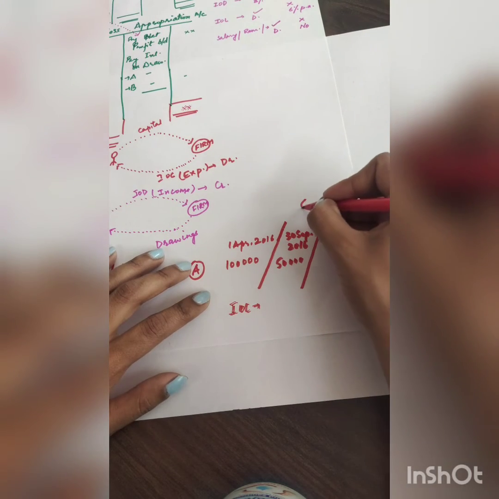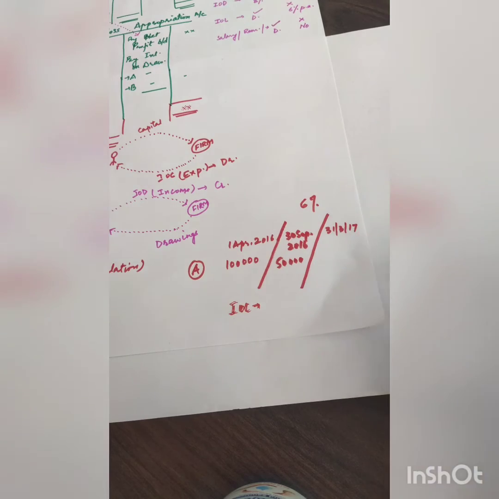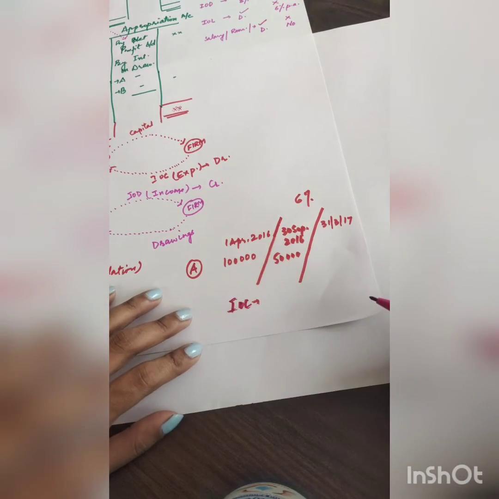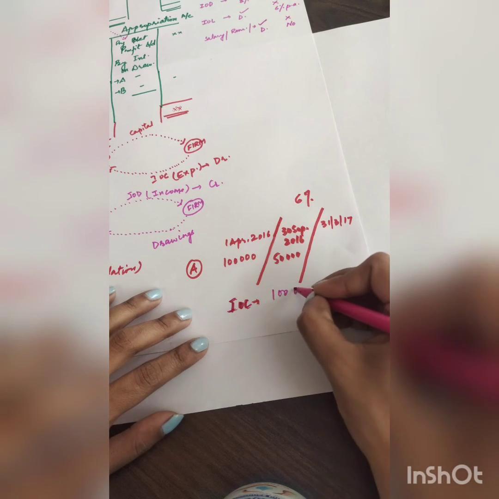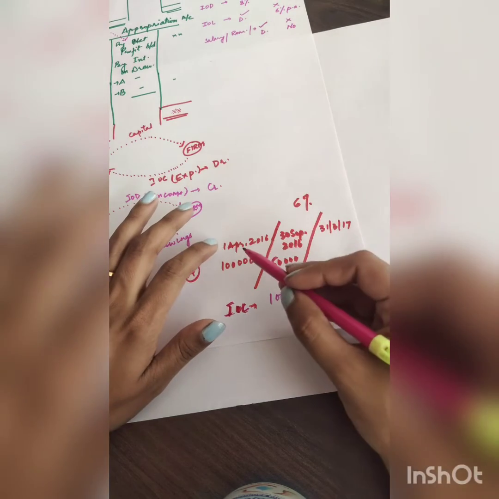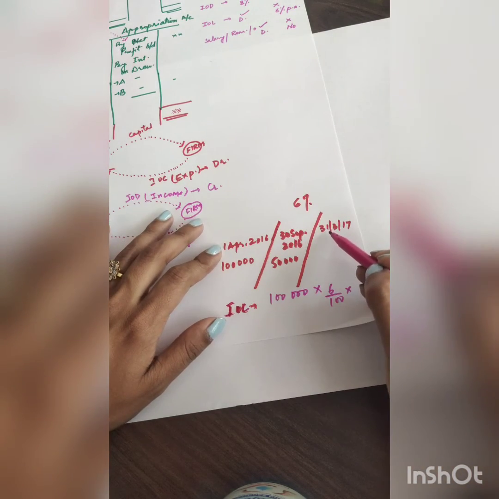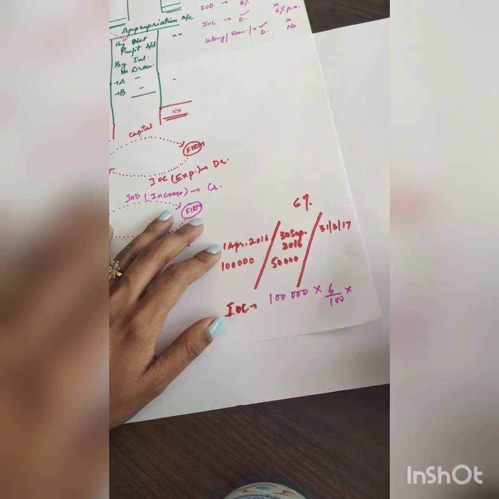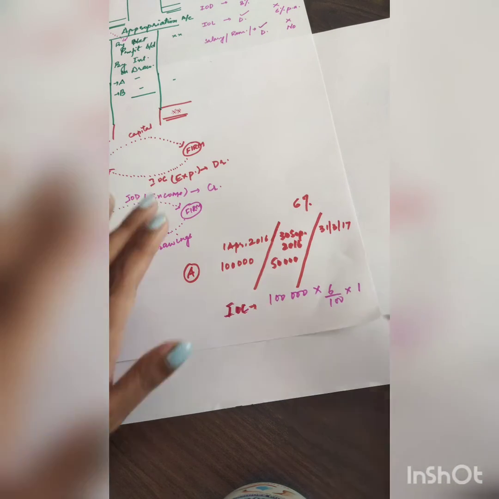Say the percent given in the question is 6%. First is 1 lakh rupees at 6%, for the full year or for some months. Please check from 1st April to 31st March, it's 12 months, so writing 12 upon 12 is nothing. You can just write that for 1 year he has contributed this money.